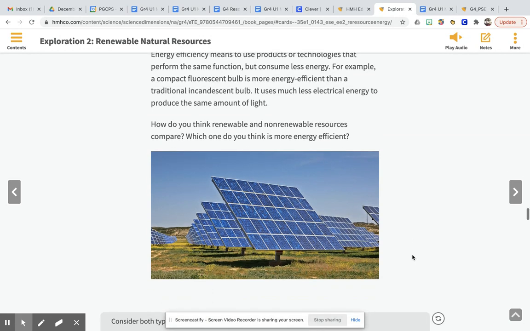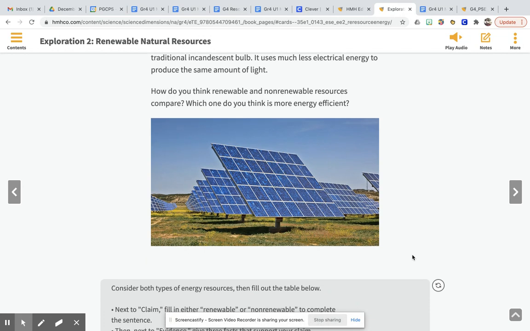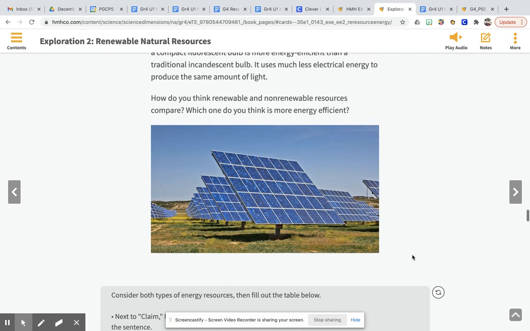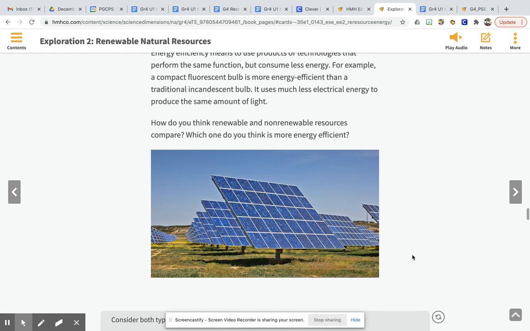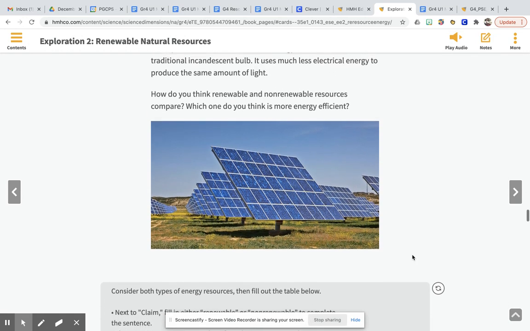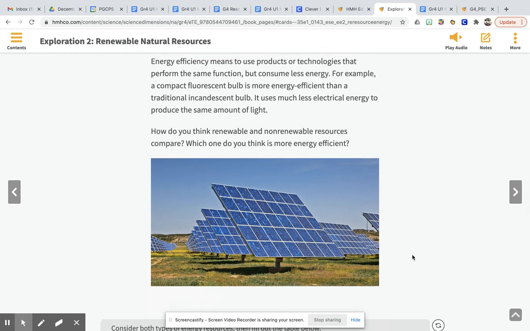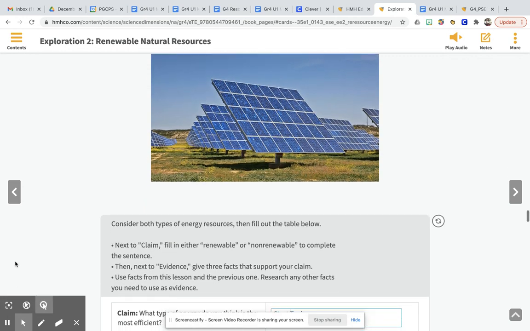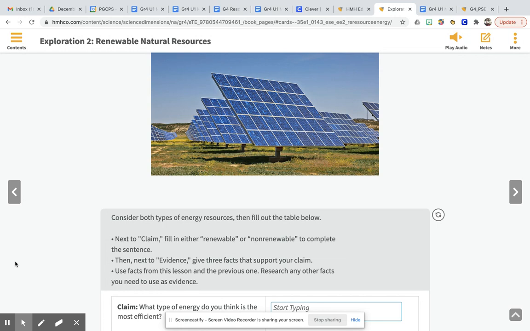How do you think renewable and non-renewable resources compare? Which one do you think is more energy efficient? And so pause and think about that, guys. Which resources, renewable or non-renewable energy resources, do you guys think are more energy efficient? Now, while you're thinking about that, I want you to make sure that you have evidence and don't just say, I think it's renewable because.